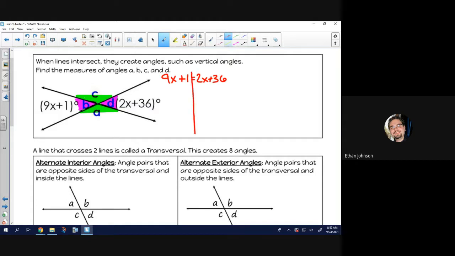I'll draw my line if that helps. Now we're going to solve for x. So we do have an x on both sides. So I'm going to get rid of the smaller one. Subtract 2x from both sides. So I have 7x plus 1 equals 36.